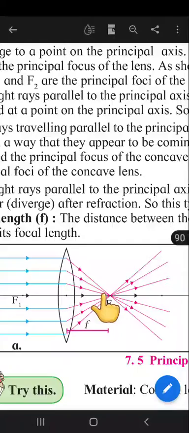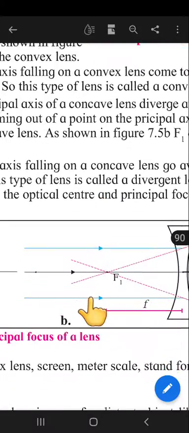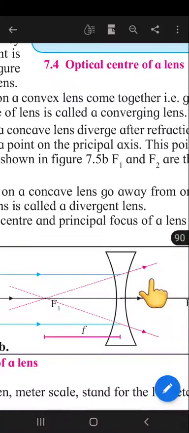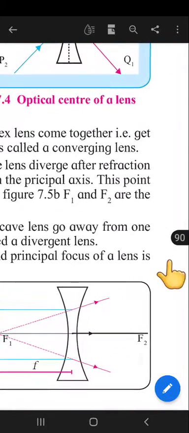That's why this lens is called a converging lens. The light rays that fall on the concave lens diverge from each other. So this lens is called a diverging lens.